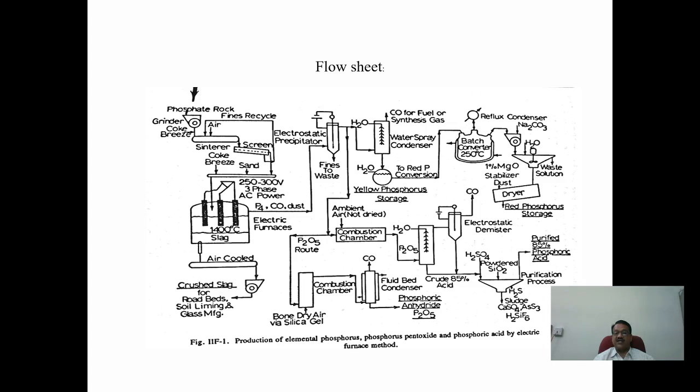Hydrogen sulfide is bubbled through the phosphoric acid to remove the arsenic as arsenic sulfide, and powdered silica is added to the phosphoric acid for purification, that is, to remove hydrogen sulfide which is formed because of the calcium sulfide present in the rock phosphate.